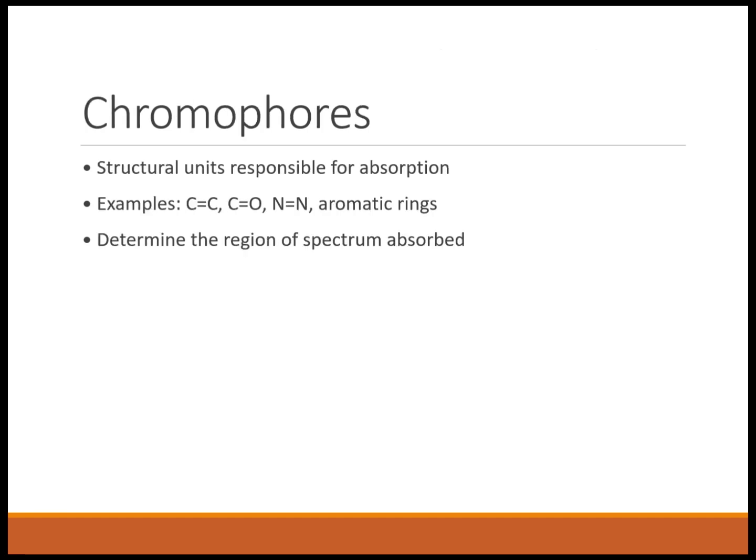Now we will discuss the chromophores in detail. Chromophores are the structural unit that absorbs UV or visible light. Common chromophores include C double bond C, C double bond O, N double bond N, aromatic rings, and these chromophores define the baseline location of lambda max.